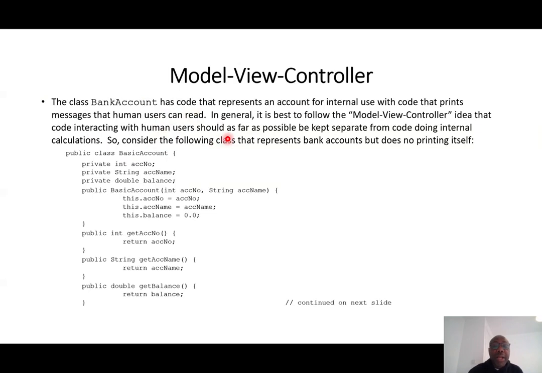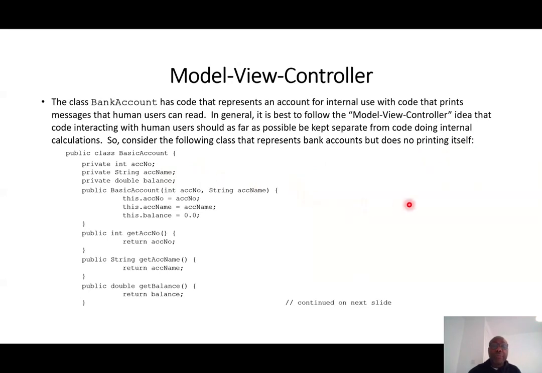The class BankAccount has code that represents an account for internal use with code that prints messages that human users can read. In general, it is best to follow the Model View Controller idea that code interacting with human users should, as far as possible, be kept separate from code doing internal calculations.